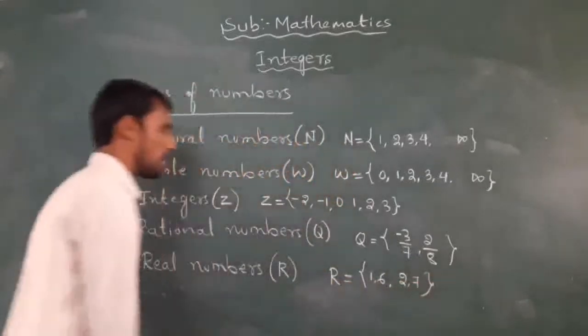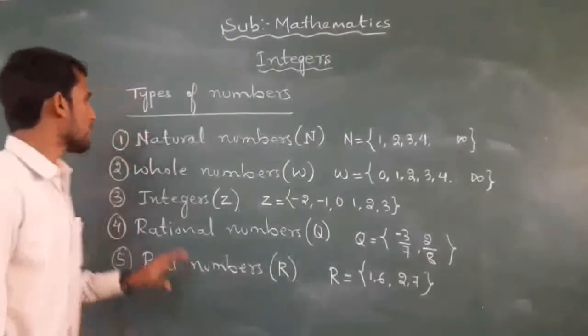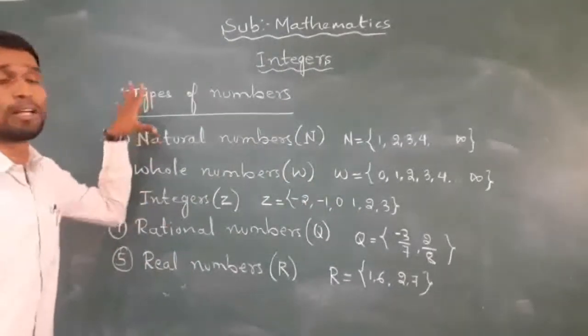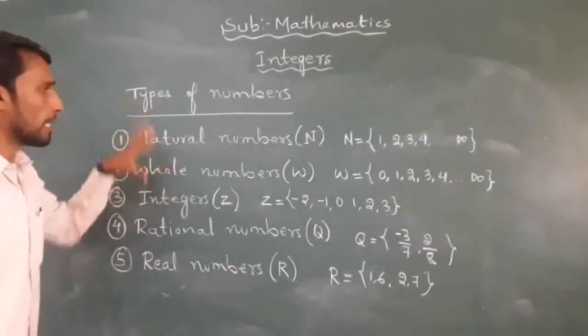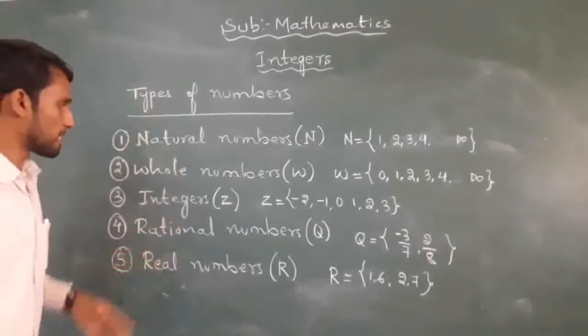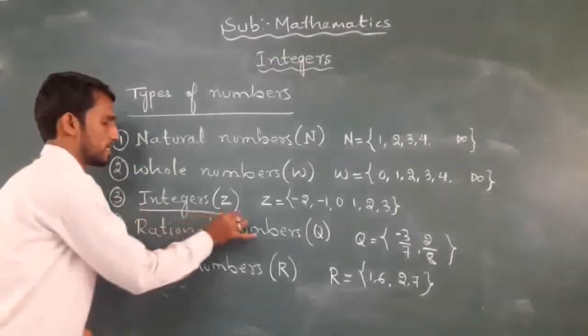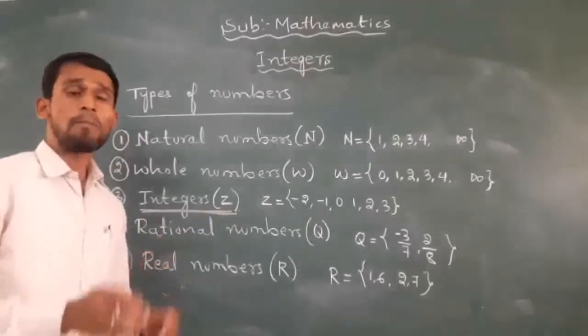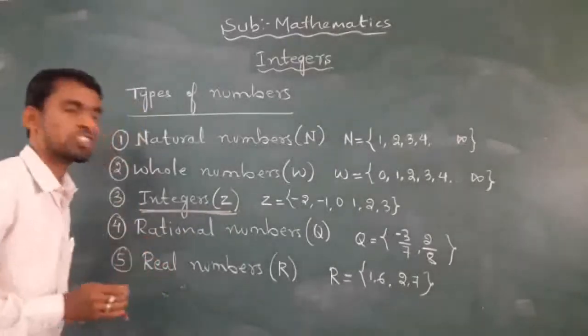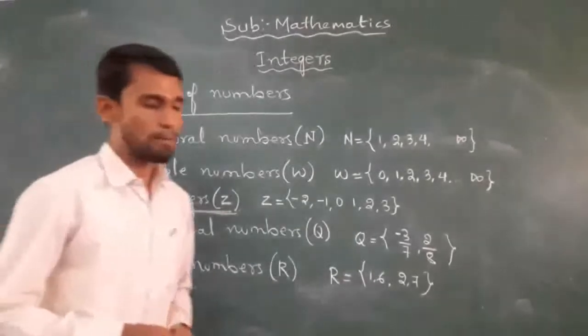These all we call real numbers. These are the 5 types of numbers. Among these numbers, in this chapter we are discussing integers, some properties of integers and operations on integers.